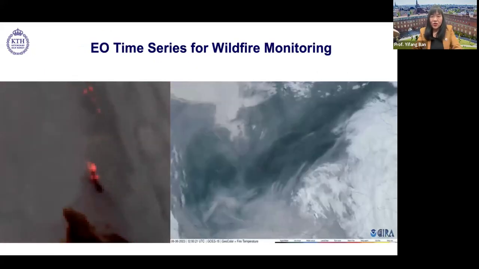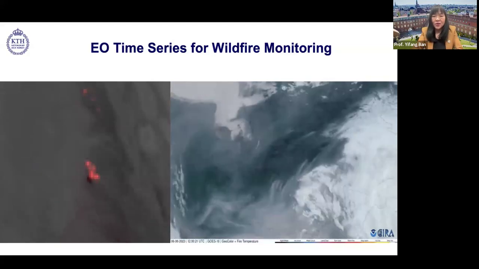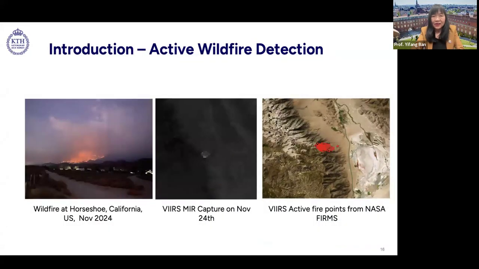So here, just showing the animation, how active fires can be readily viewed and detected using this satellite data. Those were GOES, and here are the VIIRS. Then using the mid-infrared, you can see hot spots on the imagery. And this is the active fire products from NASA FIRMS.